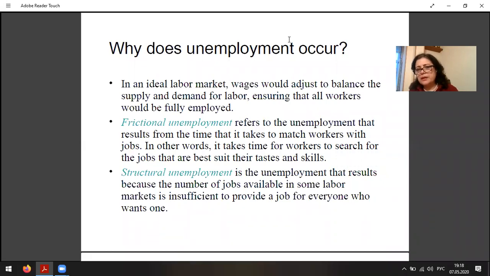In other words, I may decide to change my work, to change my job. It's my decision. That's why I need to find some new job place. And this process takes time for all workers who want to change their jobs. So during this time, they are frictionally unemployed.